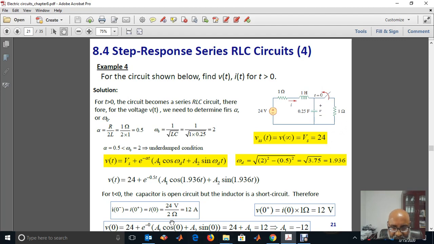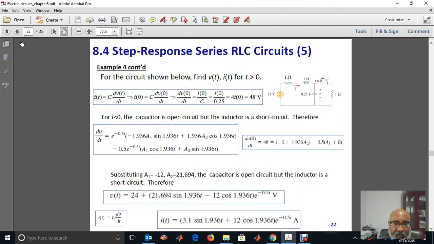So if we substitute t equal to 0 in this equation, A1 cosine 0 will become A1. This will become 0. So 24 plus A1 is equal to V at 0. So we get A1. So where do we get A2? From the second initial condition, dV by dt at 0.